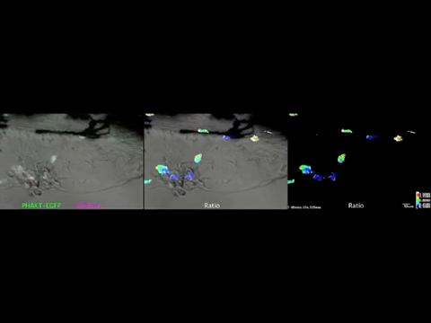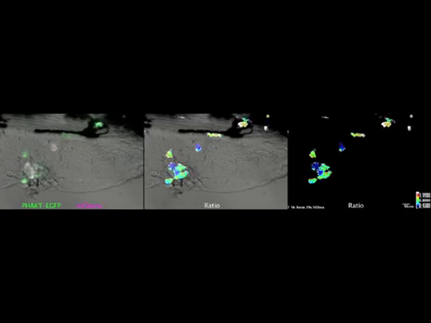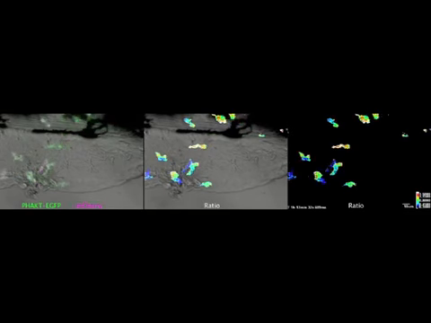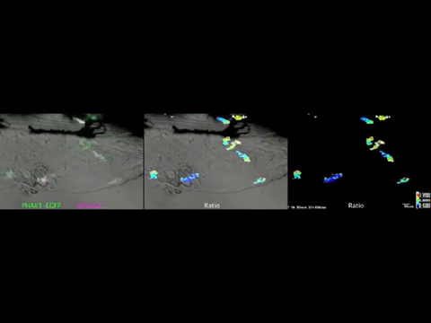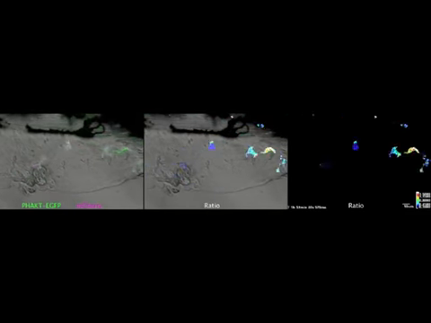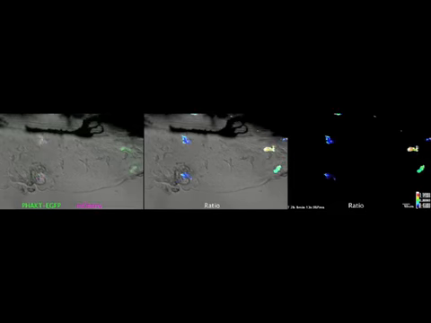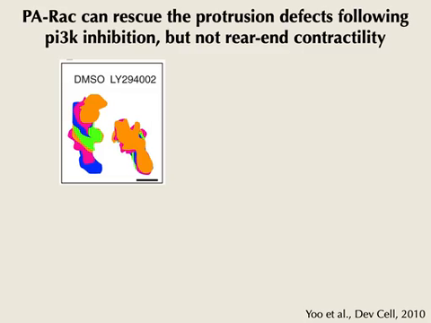But still, we haven't answered, okay, what's the connection between this and the actin cytoskeleton, right? Because eventually the actin cytoskeleton is what powers the phenomenon you're seeing, that is those protrusive activity. So the experiment here is again very clever, and that's using the same photoactivatable RAC we've seen before.